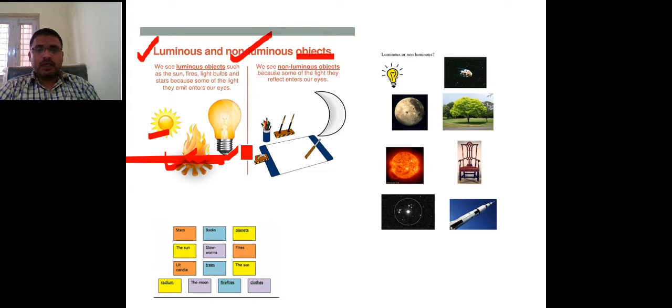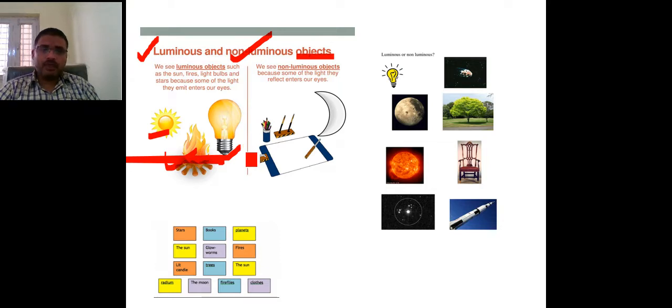And a non-luminous object is one where there is no light of its own. Whatever we can see of it, we see just because of the reflections we get from other sources, and because of that reflection we can see that object.